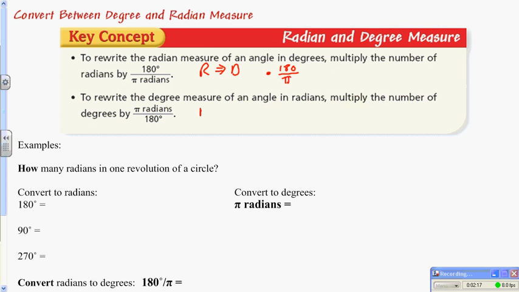If we want to go from degrees to radians, then we'll take our degree measure times pi over 180. So whatever you want to go to is on top in the fraction. So if we want to go to degrees, we want the 180 degrees in the top position.